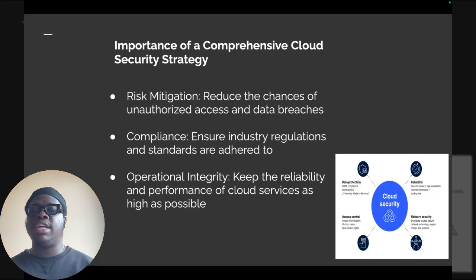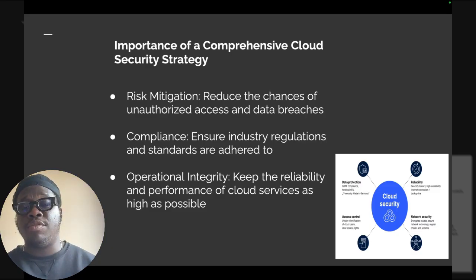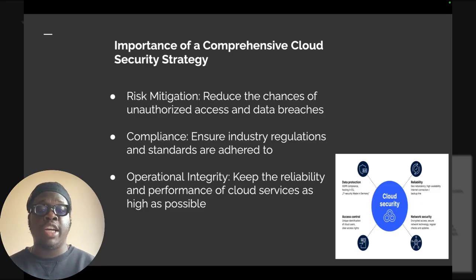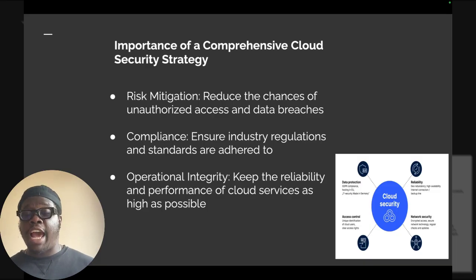Which, if you're collecting personally identifiable information or health information, could leave you liable to lawsuits, as defined under HIPAA and GDPR. All right. And thirdly, a comprehensive cloud security strategy is to have operational integrity. We're going to try and keep the reliability and the performance of these cloud services as high as possible.